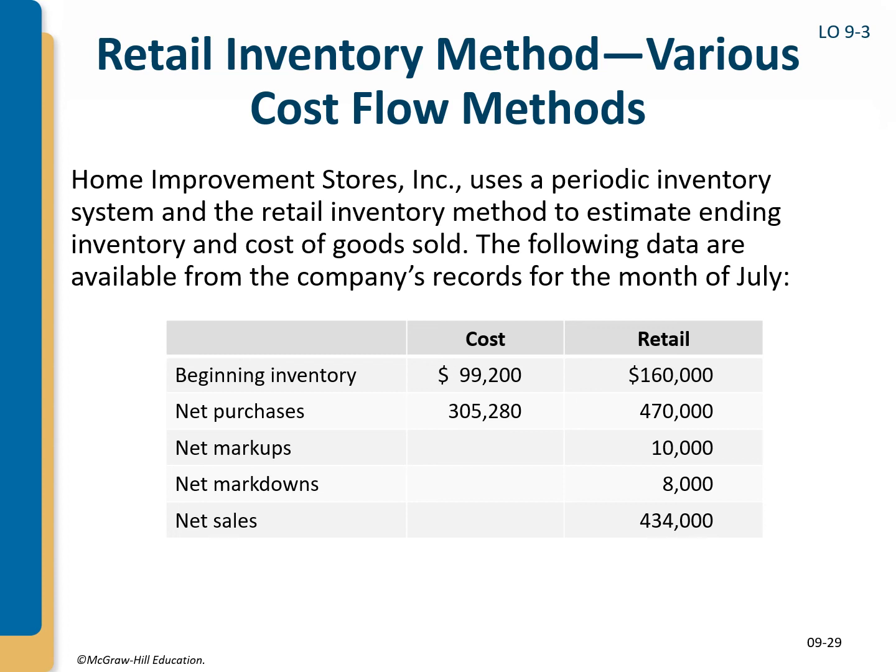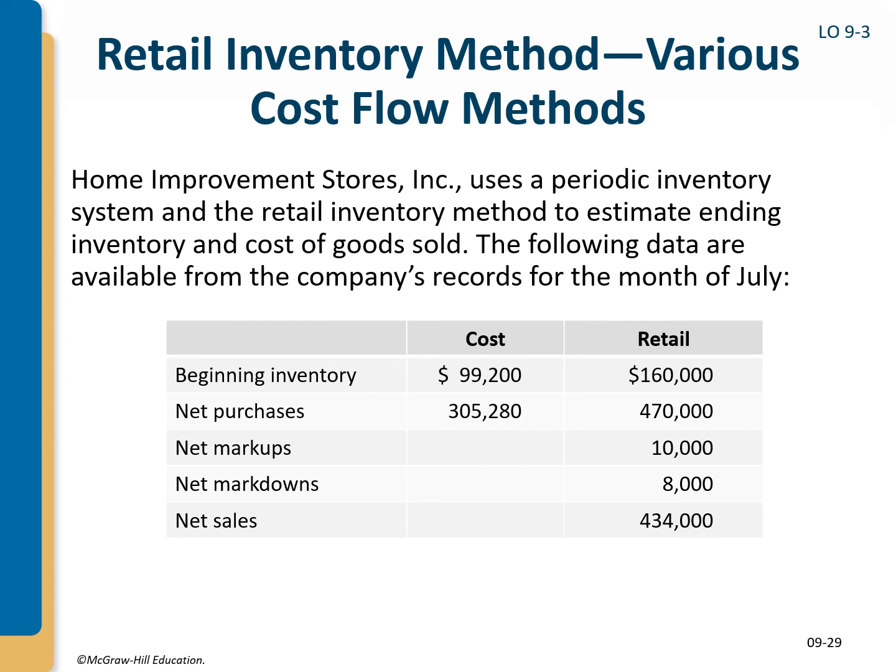Now remember, net markups and net markdowns only affect the retail amount, because it's the selling price that increases or decreases. So this company kept track of those items. Their net markups were $10,000. Their net markdowns were $8,000 on those items. And then they actually sold and received revenue of $434,000.